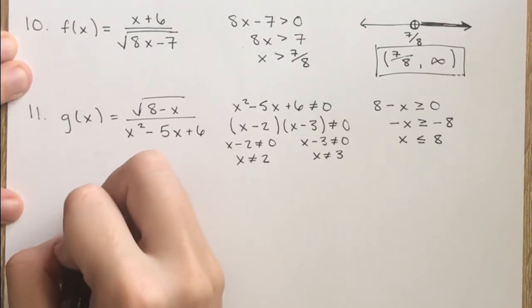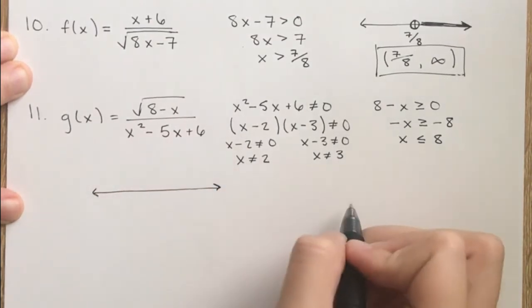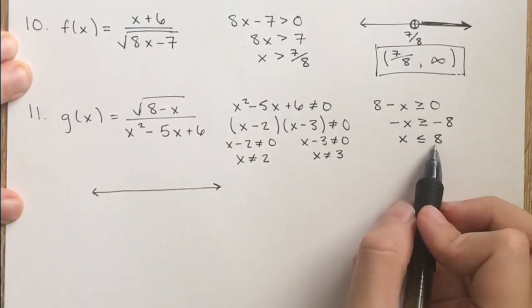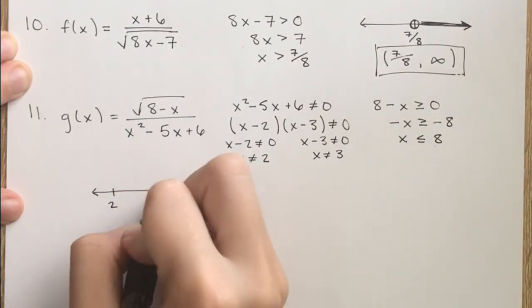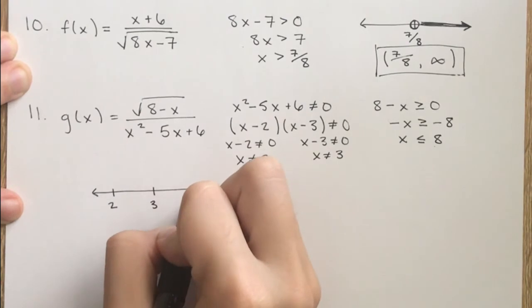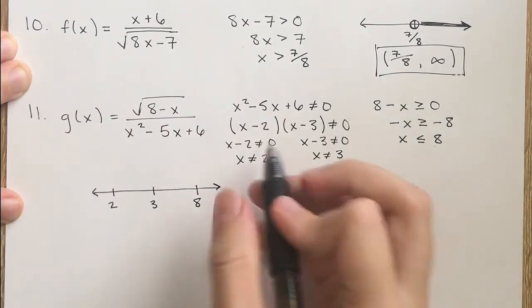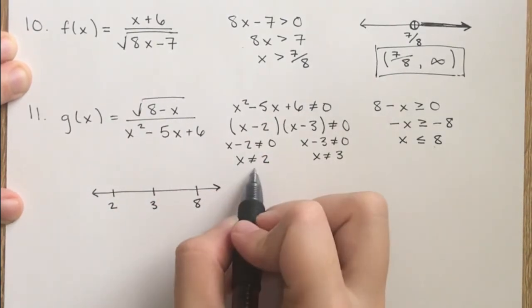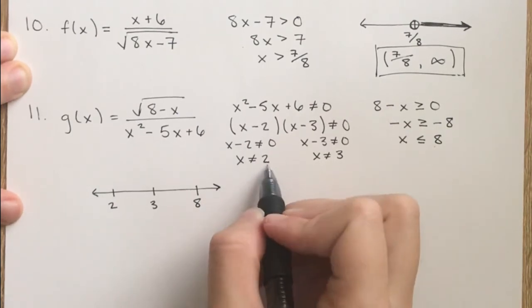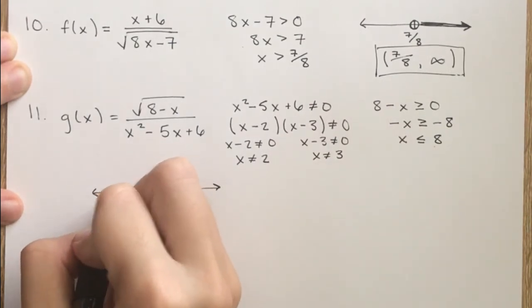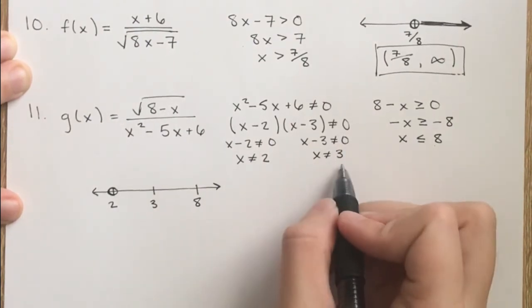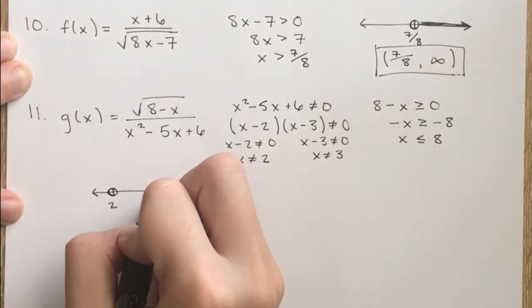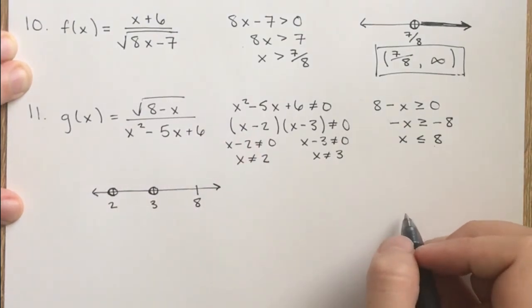We draw this on a number line. Our important numbers are 8, 3, and 2. We look at 2. We don't want to be equal to 2, so we are going to leave that open. We don't want to be equal to 3, so we are going to leave that open as well.